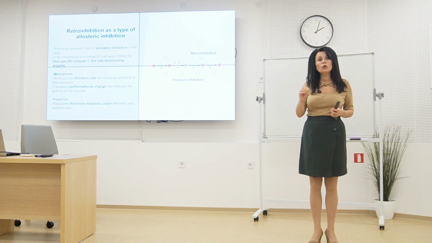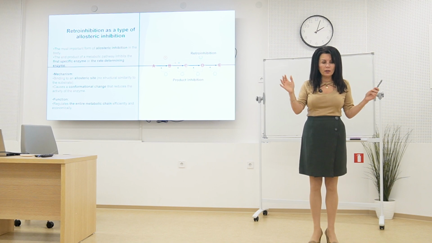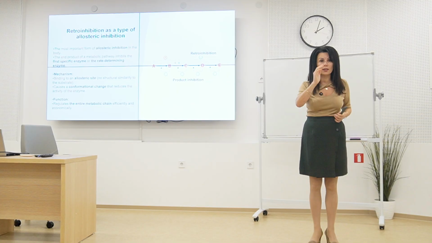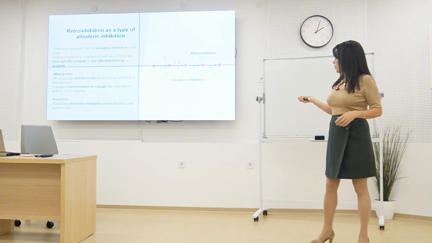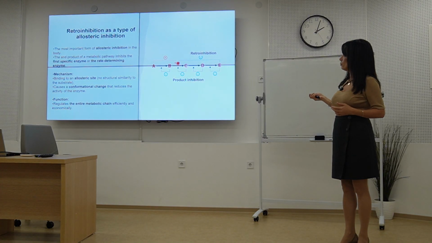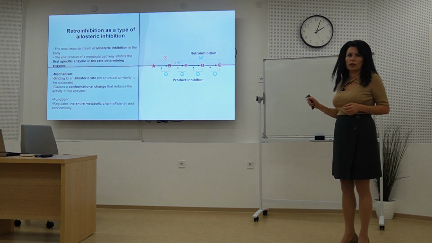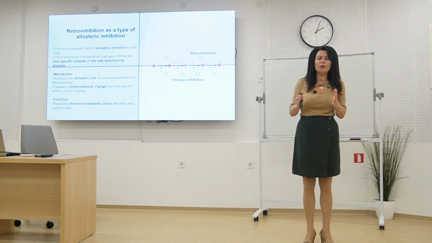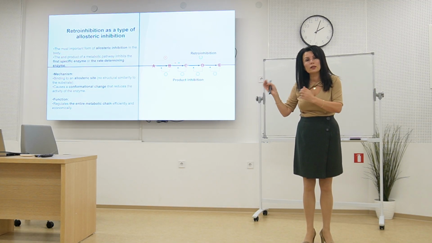This enzyme is the most important. Everything about the activation or inhibition of the whole pathway depends on this enzyme. Here is a general scheme, which shows, for example, enzyme number 2, which can be inhibited by the end product. Remember, students, the most often inhibitor of the reaction is the product.